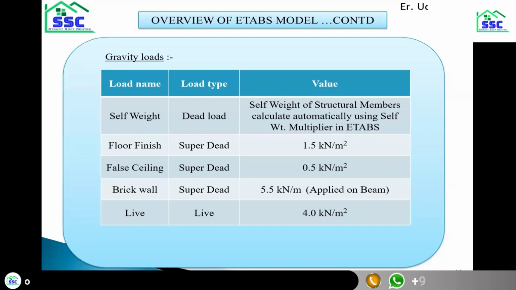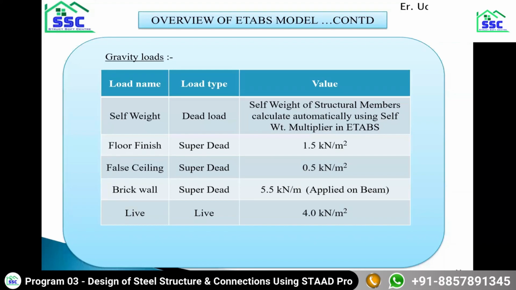The next important load is the floor finish, whose type is selected as super dead, and a uniform value is assigned on all the slabs, which is 1.5 kilonewton per meter square. Next load is the false ceiling load, whose type is again super dead, and its value is kept as 0.5 kilonewton per meter square.